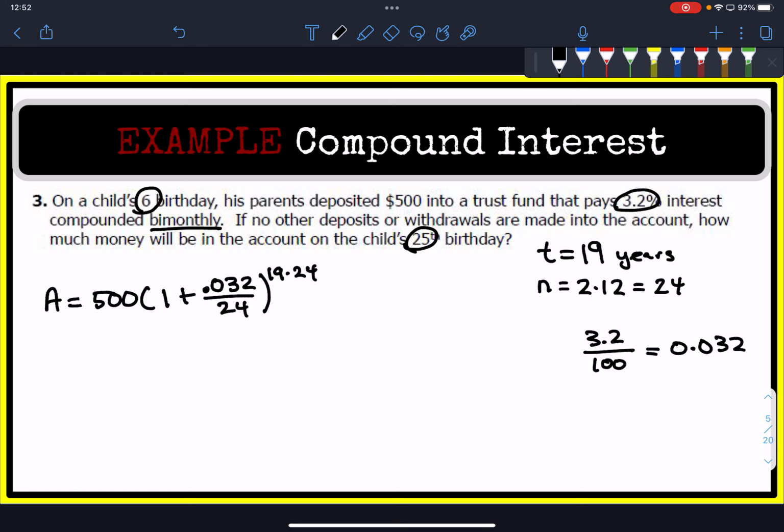That's going to be approximately $918.01. So there's your answer.